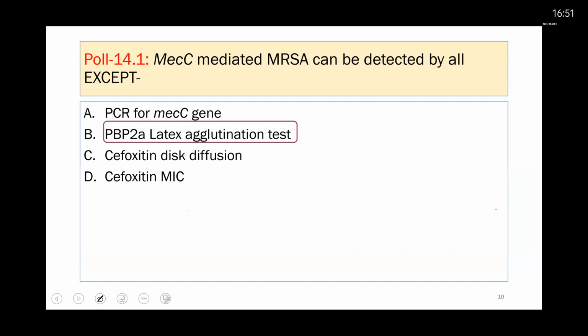So, can we start the next? Poll 14. Yes. Okay. So we have a short poll. We have a 2-question poll. We'll get 1 minute of time. Polling start.